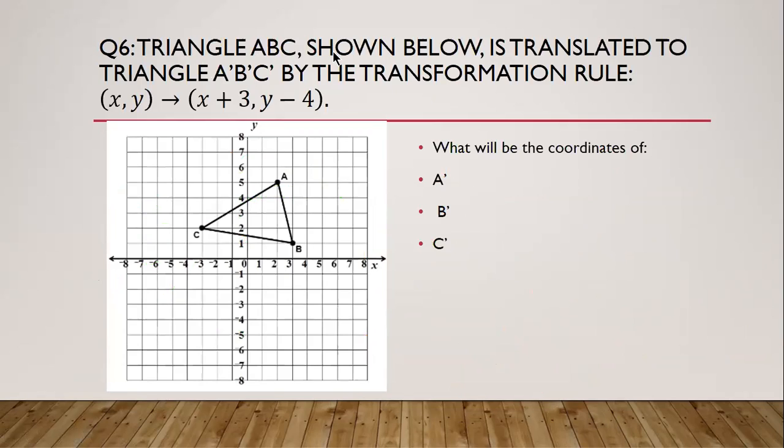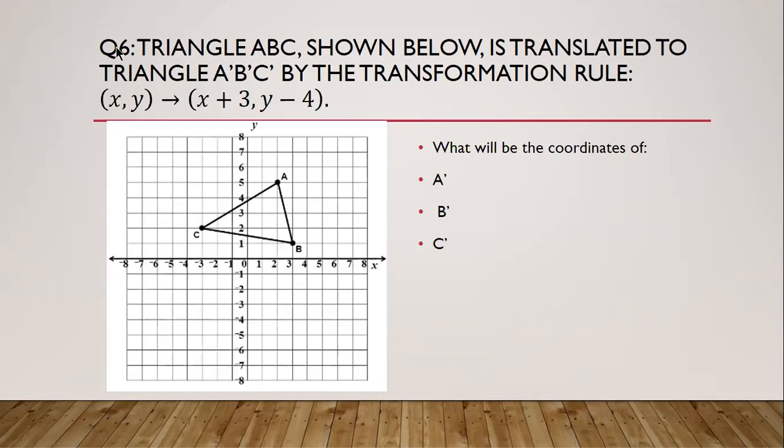It says triangle ABC shown below is translated to triangle A prime, B prime, C prime by the transformation rule (x, y) goes to (x plus 3, y minus 4). So if that's our transformation rule, we can do this by counting because it's a translation.